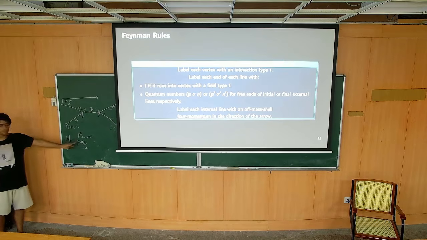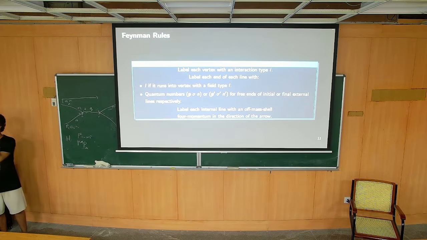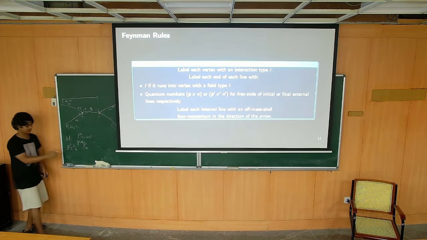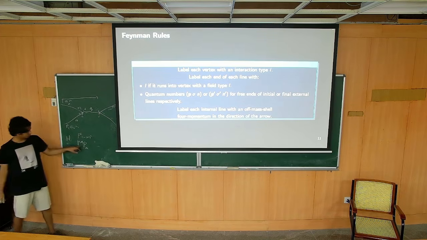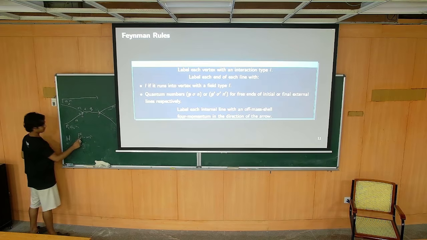The norm of the momentum is connected to the mass. That is special relativity. You have seen the equation. So P square is minus m square.